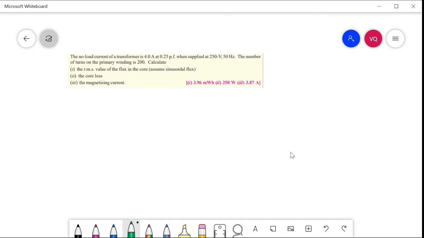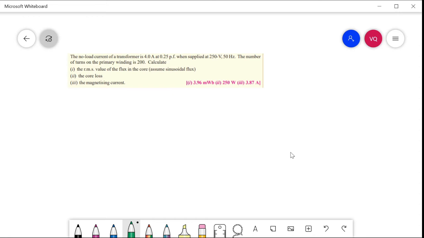Example number 1. The no-load current of a transformer is 4 amperes at 0.25 power factor when supplied at 250 volts, 50 hertz. The number of turns on the primary winding is 200.